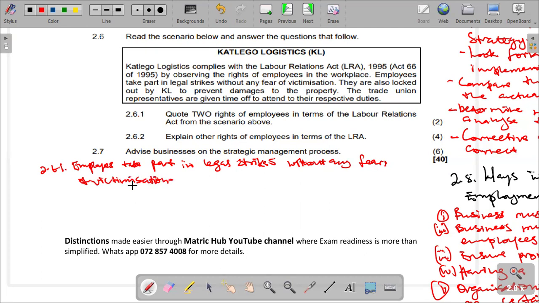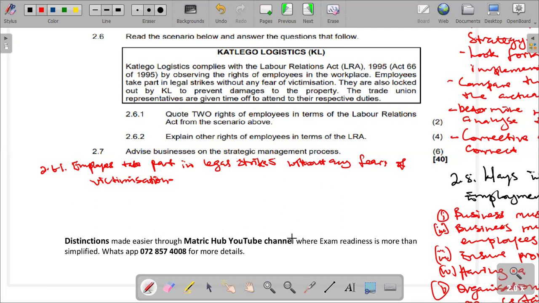As you can see, the employees are not being threatened by any means. They do strike, and in their striking there is no fear of victimization, that they can be penalized or charged in any way.